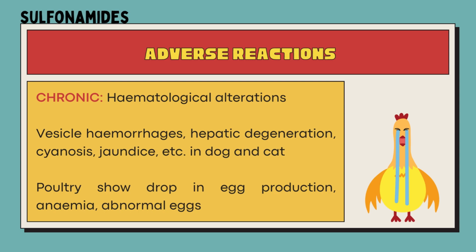Meanwhile, in poultry, they show drop in egg production, abnormal eggs, hepatic and renal insufficiency, anemia, agranulocytosis, and hypoprothrombinemia.